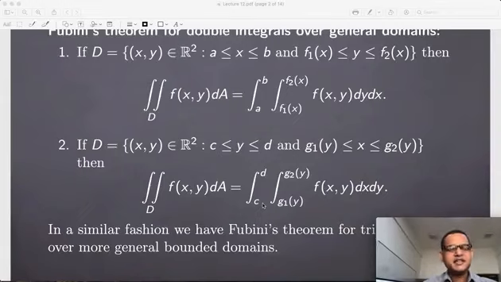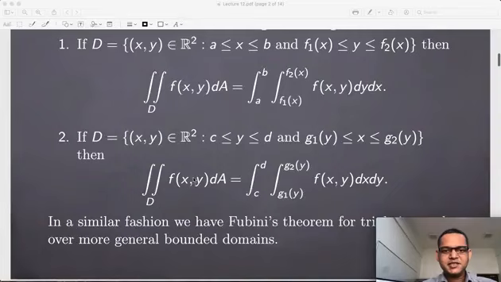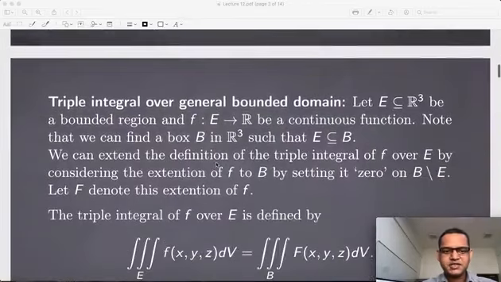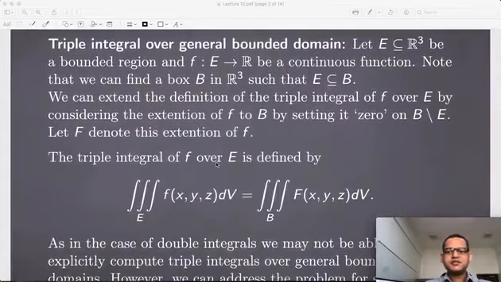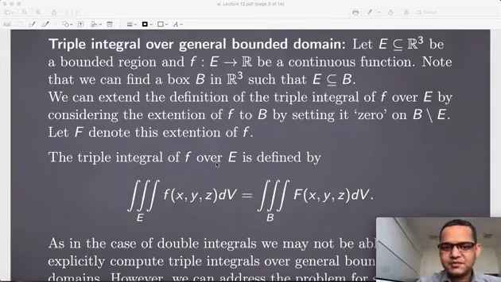So a similar idea also exists for triple integrals. If you recall, in the previous lecture we had triple integrals only over box type regions. But there is a similar theorem which I am just going to state over here. Basically, we want to incorporate more and more bounded regions over which we can compute the integrals.